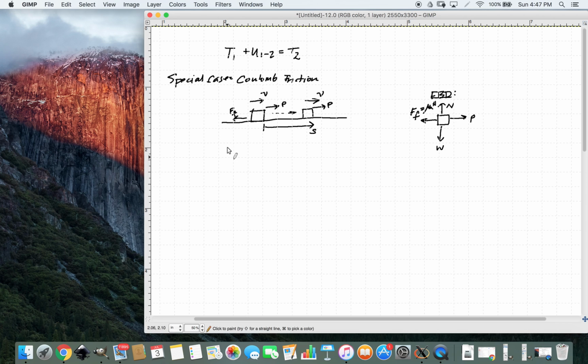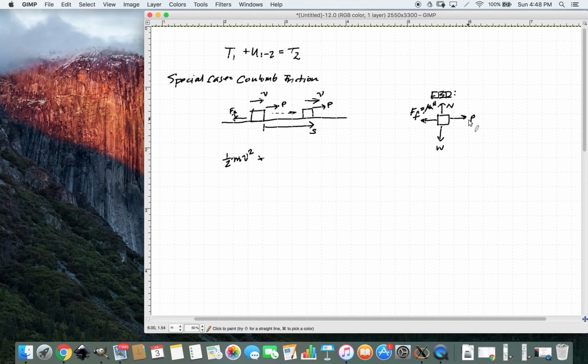What are those? Well, if we haven't changed velocity and we haven't changed mass, then before we've got 1/2 m v squared. That was my initial velocity. And we'll have the same term here. What about the work done? Well, I look at all of the forces that acted in the direction of the displacement. So because there was no vertical displacement, neither N nor W do any work.